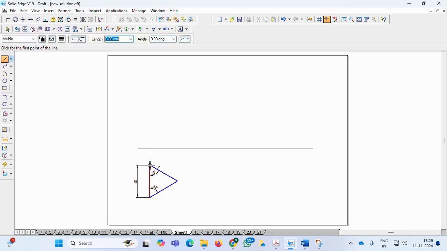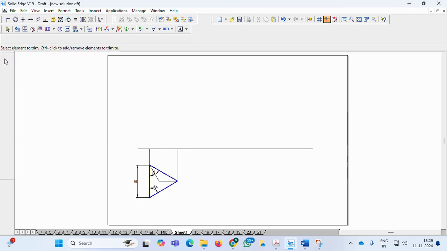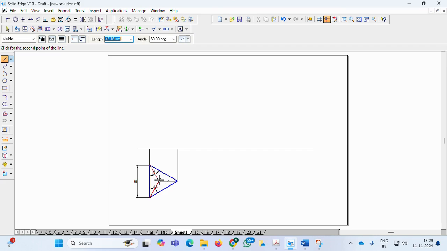Next, draw the projection lines. Locate the center of this equilateral triangle. So these three will be the guy wires seen from the top view.